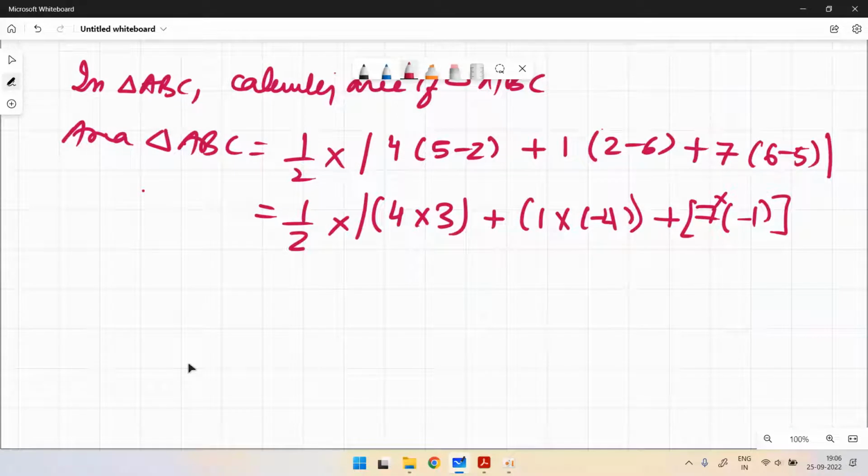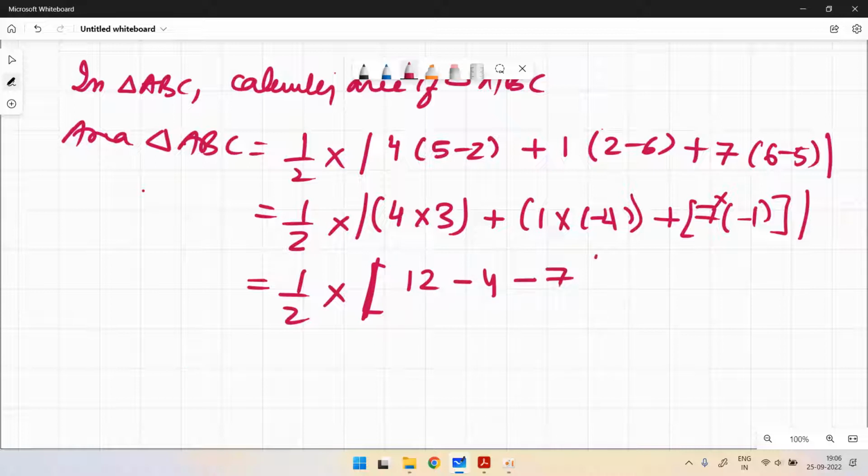So the area of triangle ABC is half into 12 minus 4 minus 7, which is 11, and 12 minus 11 is 1, so mod of 1 by 2, nothing but 1 by 2, equal to 0.5 unit square. This is the area of triangle ABC.